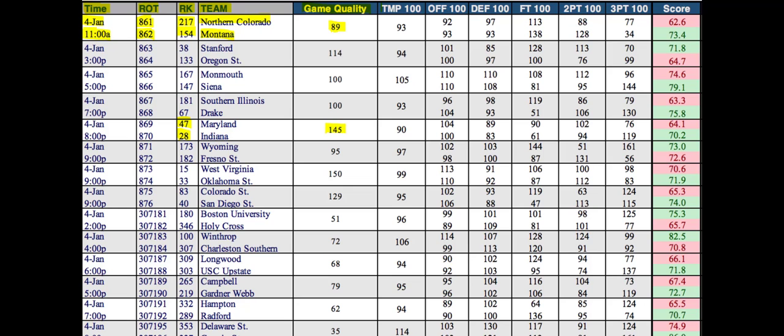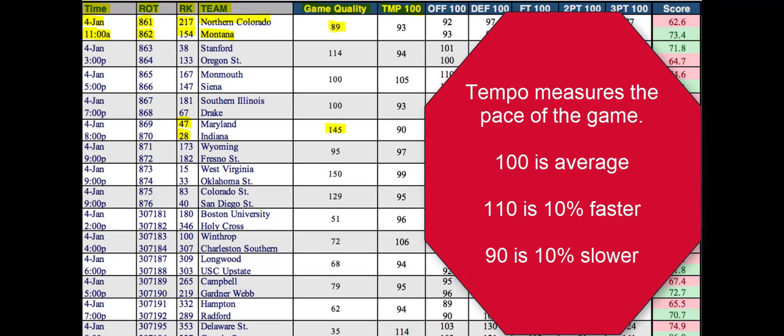Here we go to the next column. This is TMP, and this is one of my favorite columns. This is the tempo column. This tells us how many more possessions or fewer possessions each game is projected to have by their game tempo. Now, it doesn't give us a number of possessions.